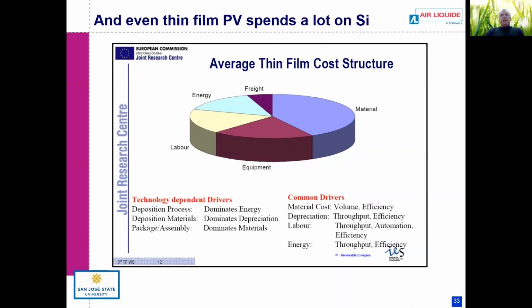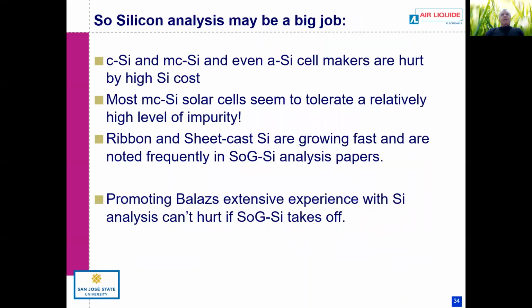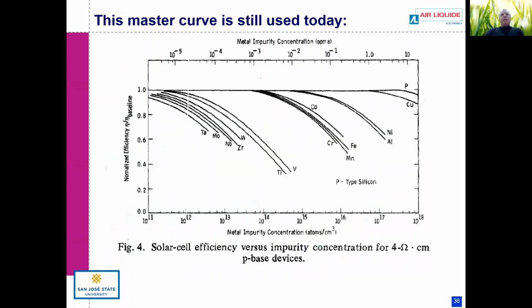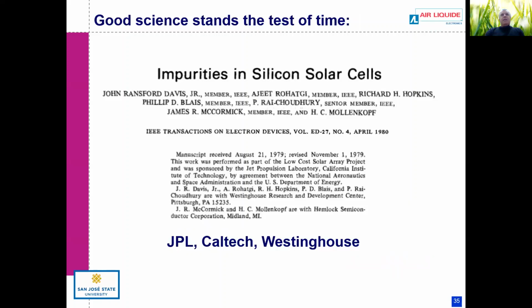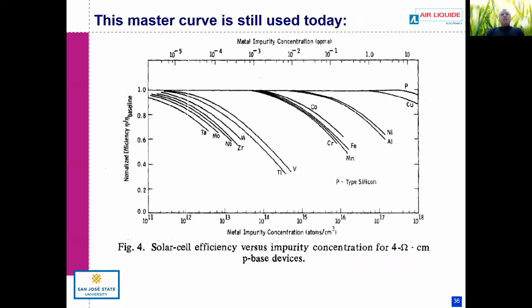There are various relative costs, but hyper pure single crystal silicon is where it's at in terms of cost right now, right?